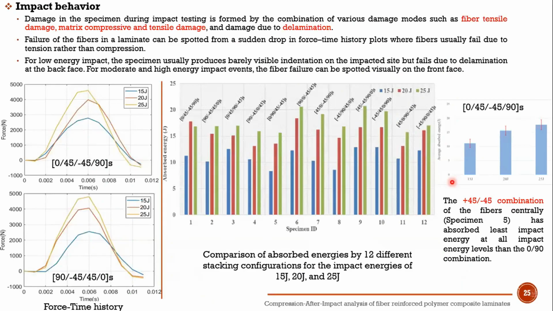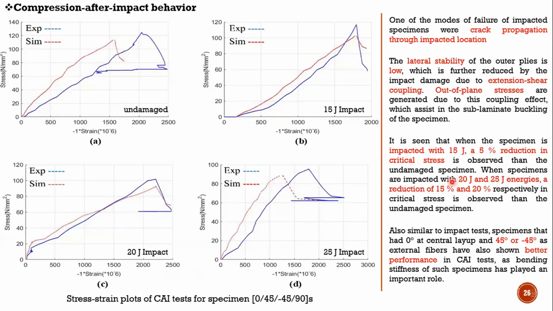From the experiments we get a force time history for the impact behavior, and for compression after impact we get stress time curves. What we have seen is a reduction in the compressive strength of the material.